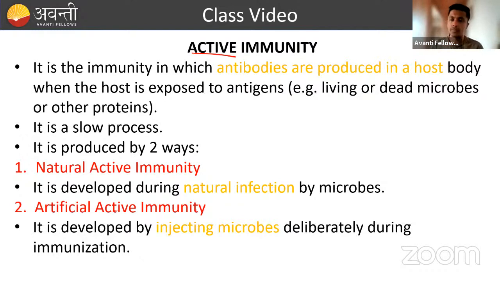For example, COVID. In COVID also you took some part of the COVID virus. Polio, you're taking the polio virus itself. That is called a live attenuated vaccine. That means the virus is alive, but the virus does not have the capacity to cause a disease. You understand my point? So when you are artificially introduced to the particular pathogen over a course of time, for example, when you were taking COVID vaccines, did you take only one shot?